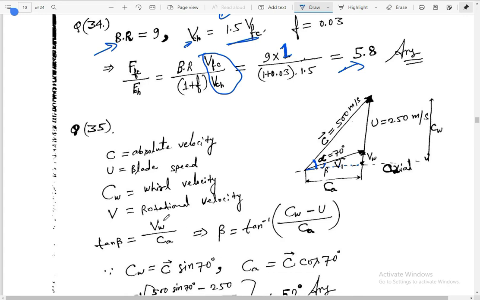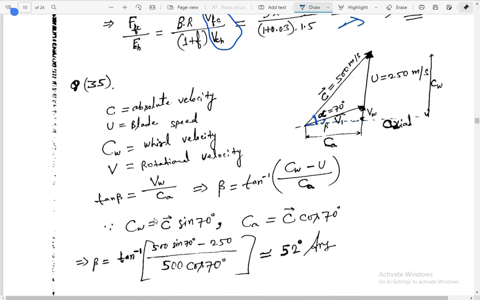According to this triangle, tan beta is equal to the difference of whirl velocity and rotational velocity u, divided by ca, the axial velocity. So beta is equal to tan inverse of (cw minus u) divided by ca, where cw is equal to c sin 70 and ca equal to c cos 70.